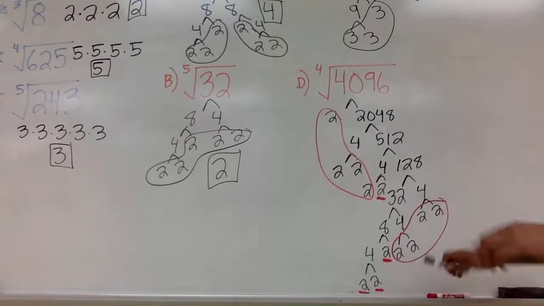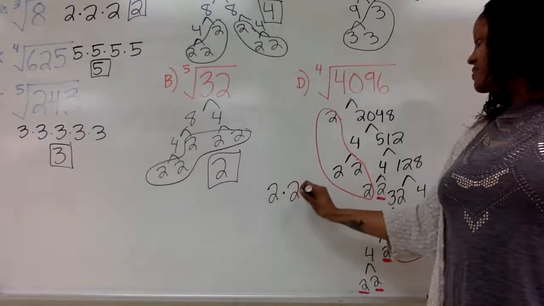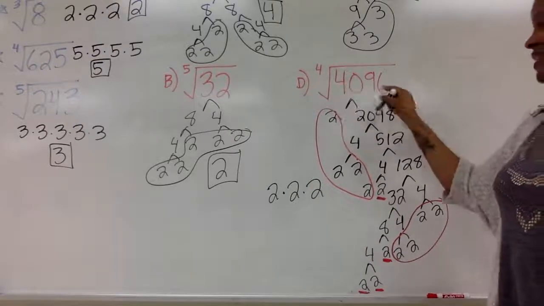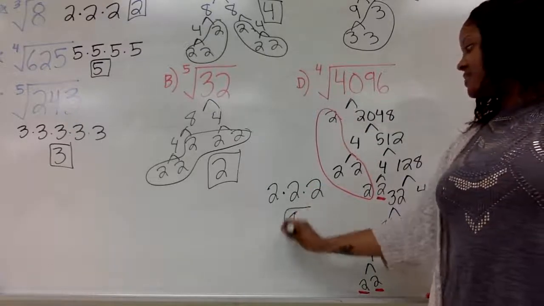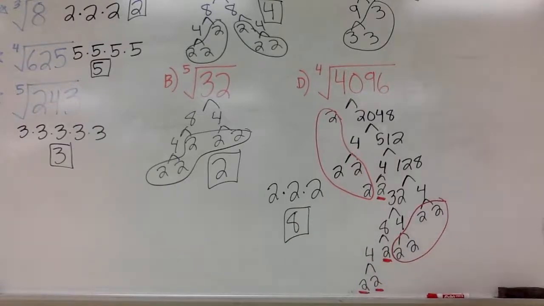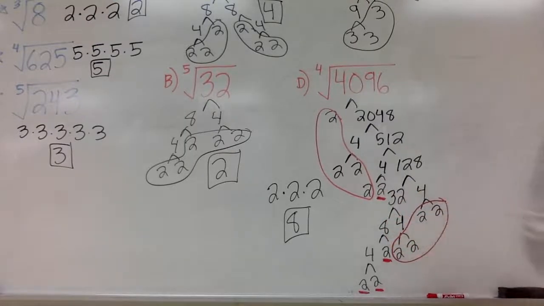So that means I have 2 times 2 times 2. So the fourth root of 4,096 is 8 because 2 times 2 times 2 is 8. So I got 8 is my answer there. Again, take your time with your factor tree. Break it all the way down to prime numbers.